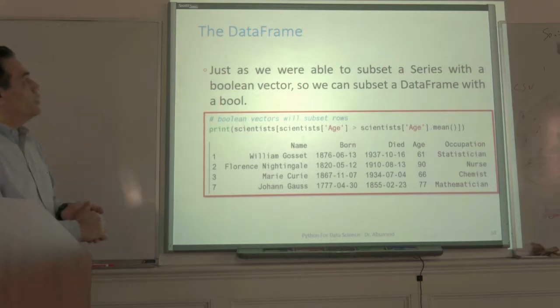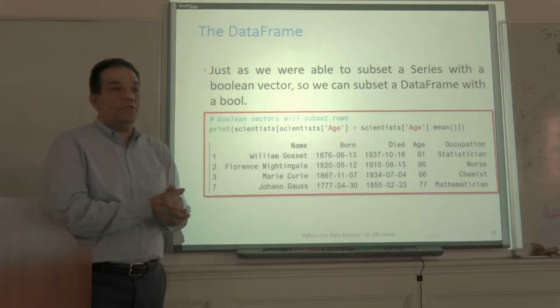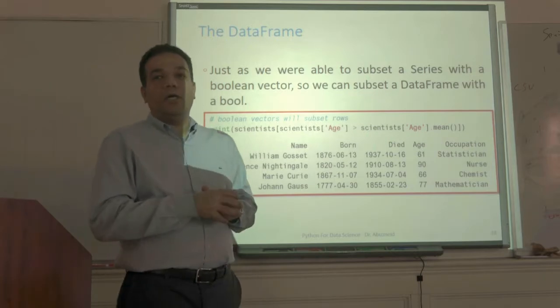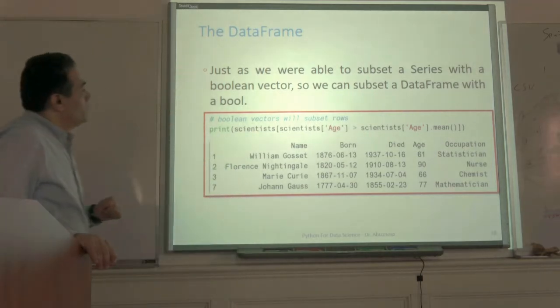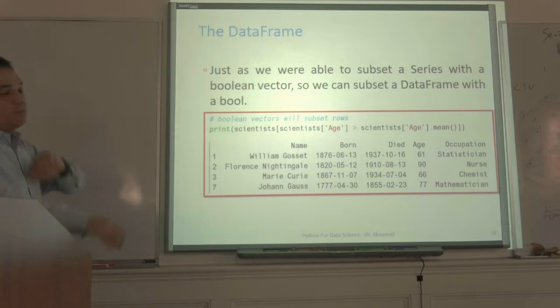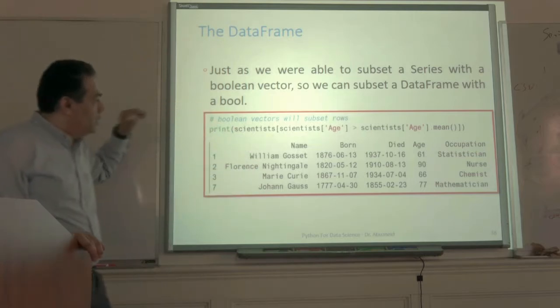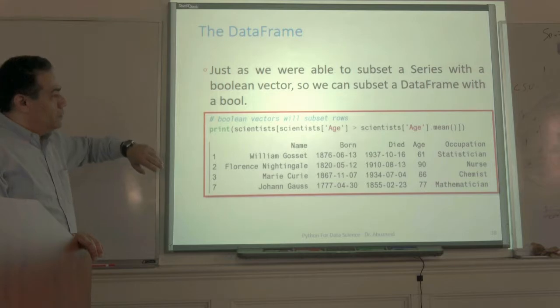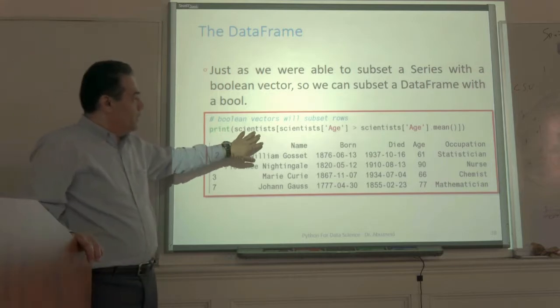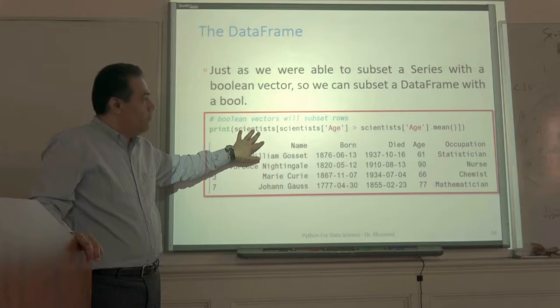We'll continue with DataFrame. So we're talking about series, and just as we were able to subset the series with a Boolean vector, we can subset a DataFrame with a Boolean. So we have scientists, which is a DataFrame.